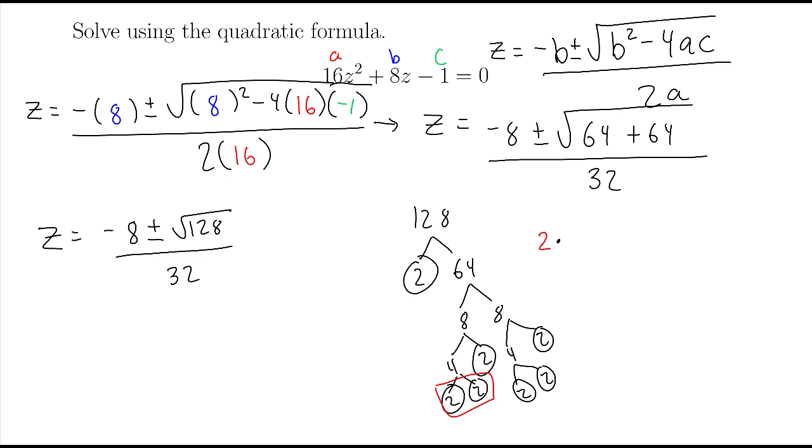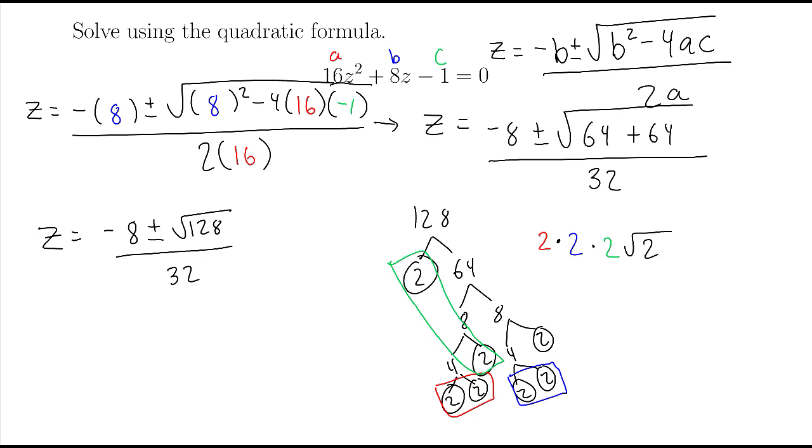We have a pair of 2's here. We have a pair of 2's, we can go right here. And we're left with a single 2 left inside the square root.